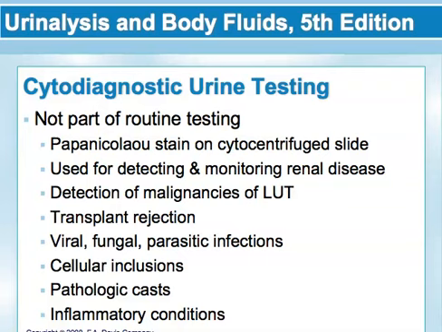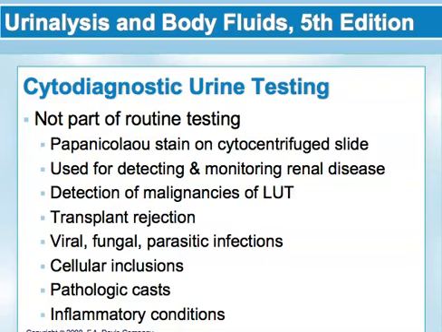Okay, talking about cytodiagnostic urine testing. This would not be part of the routine urinalysis examination, but it can be useful for some different purposes. You would prepare slides from a cytocentrifuged sediment, stain them with a Pap stain, and it can provide an additional means of detecting or monitoring renal disease.